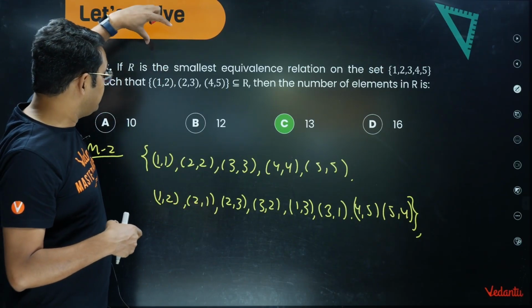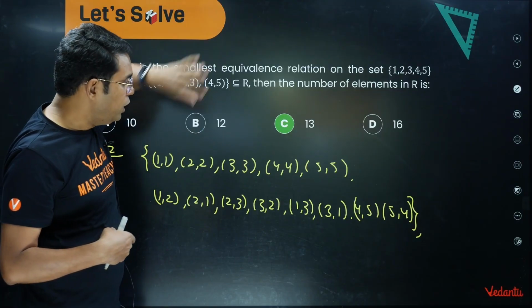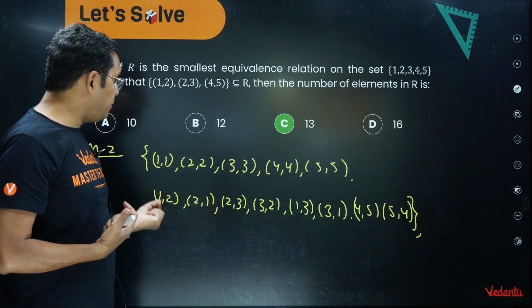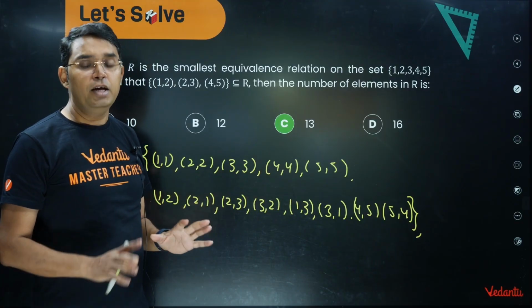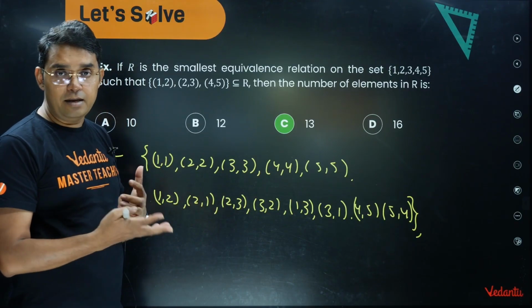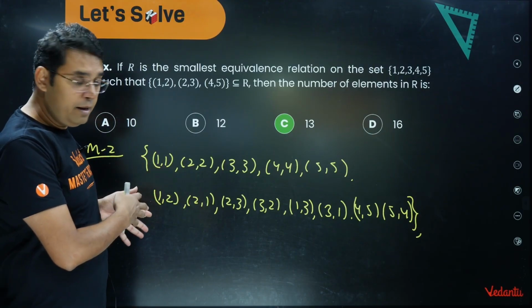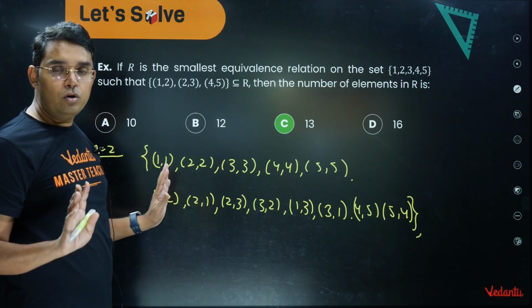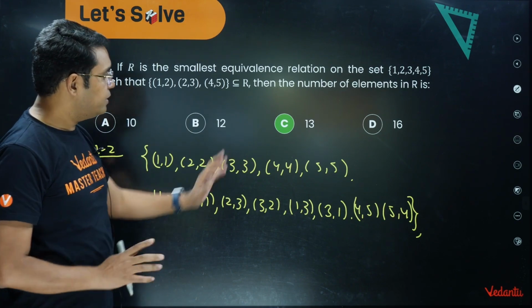And because we are asked to find the smallest equivalence relation, we will not like to combine 1 with 4 or 1 with 5 or 2 with 4 or 2 with 5. So in a sense, we are doing the same thing that we did in method 1, but without knowledge of the concept of equivalence class. Answer is the same, that is C.